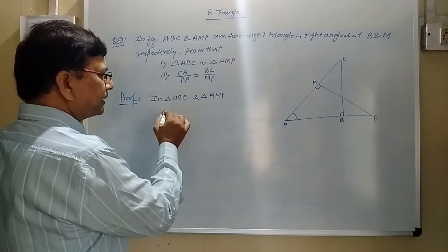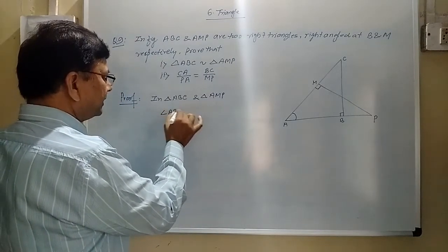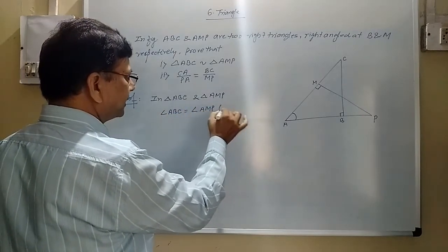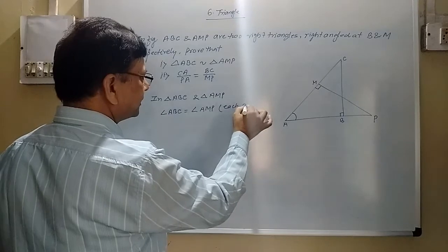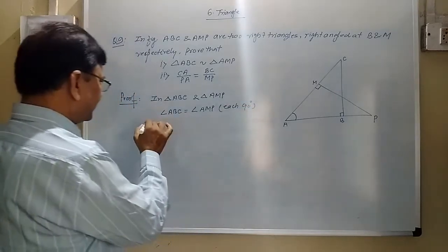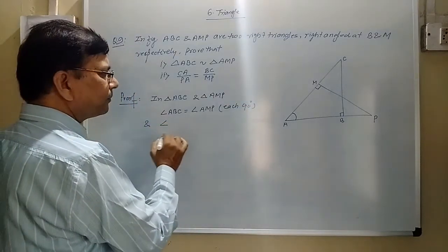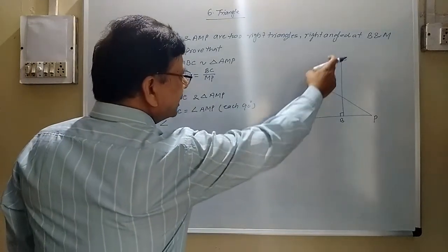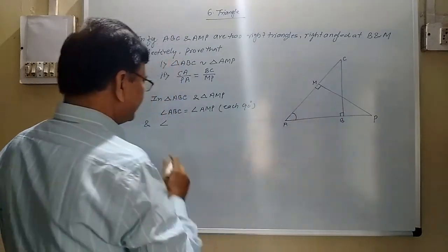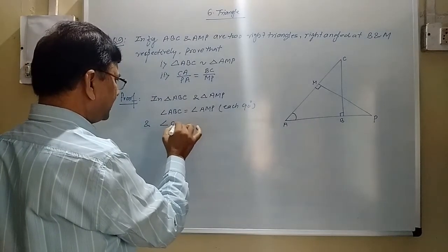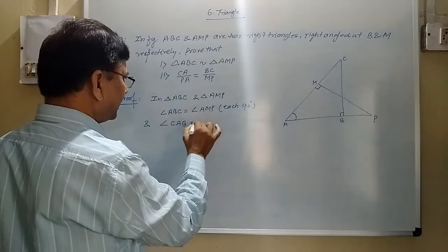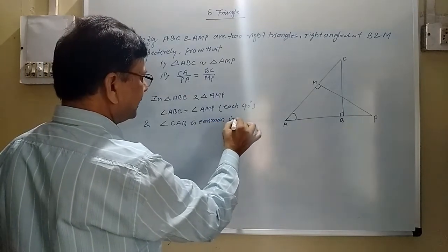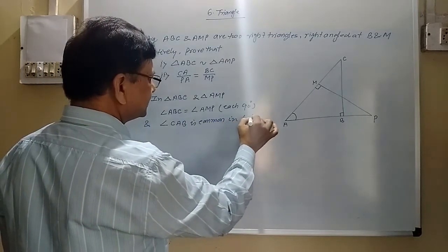Angle ABC is equal to angle AMP, each 90 degrees, and angle CAB is common in both the triangles.